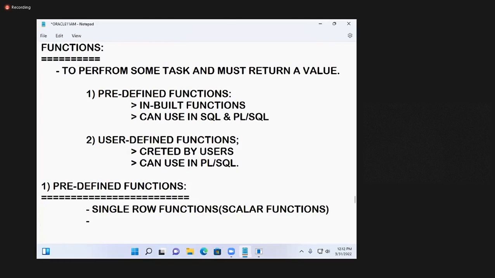And the second one is called multiple row functions, which we also call grouping functions.